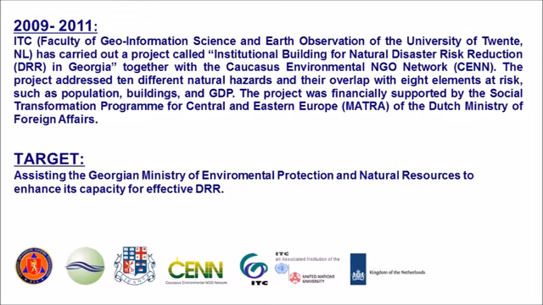The target was assisting the Georgian Ministry of Environmental Protection and Natural Resources to enhance its capacity for effective disaster risk reduction, and we tried to overlap elements at risk with natural hazard. The project was supported by MATRA, the Social Transformation Programs for Central and Eastern Europe of the Dutch Ministry of Foreign Affairs.